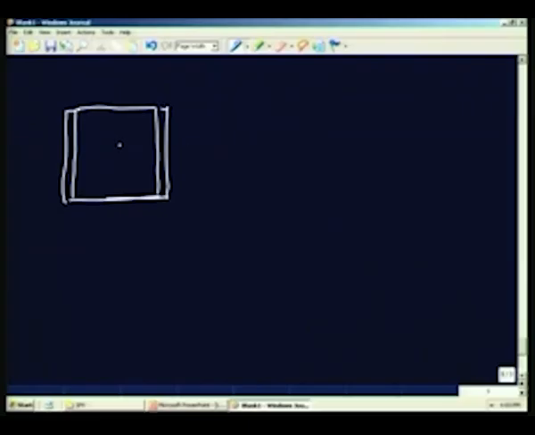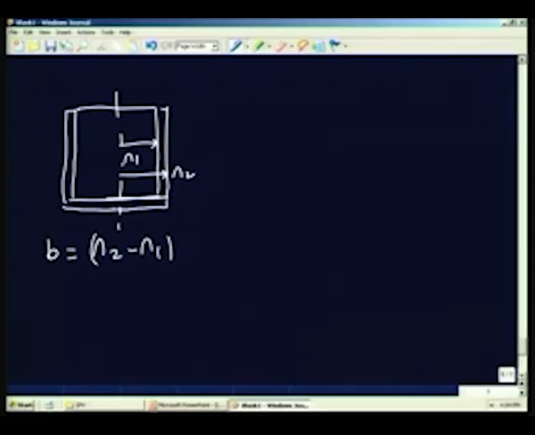Let us say this is R1 and this is R2. This is the center line. So the gap B is nothing but R2 minus R1, the difference between the inner radius of the outer cylinder and the outer radius of the inner cylinder. That is R2 minus R1, which is the gap B, and of course at the bottom I have a gap equal to A.